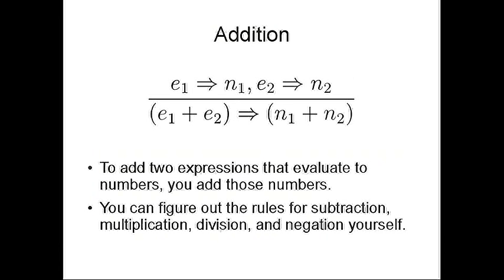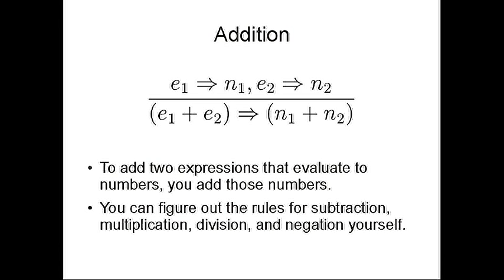A more complicated example is addition. The expression e sub 1 plus e sub 2 is what an addition expression is always going to look like. We have an expression on the left and an expression on the right, and an addition symbol in the middle. In order to apply this rule, we first have to meet the preconditions.